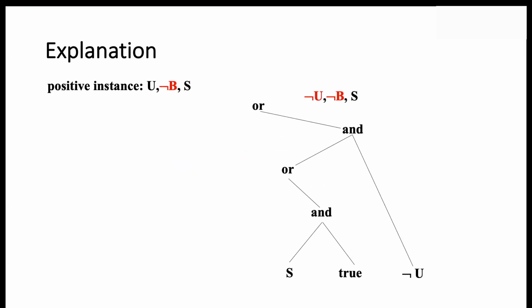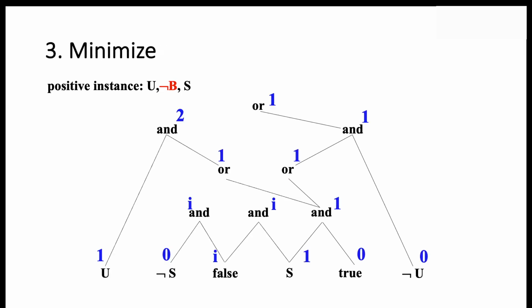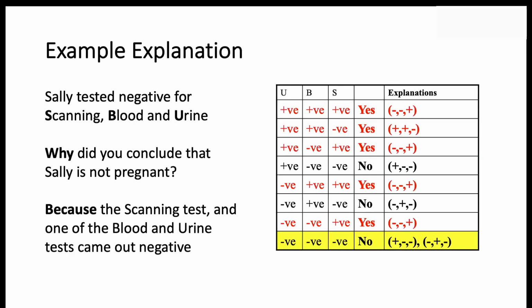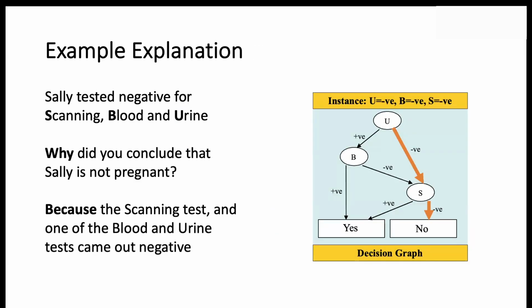So the point is, you are trying to find what is the culprit behind the decision. All right. You made a decision on an instance, but some of its characteristics were not essential for that. And you're saying, why did you really make that decision?